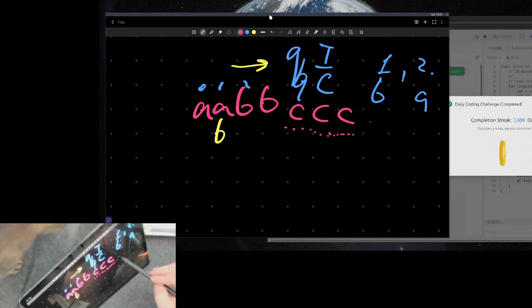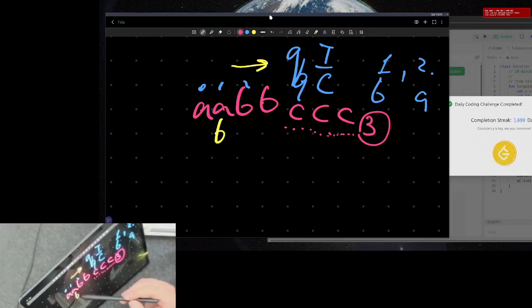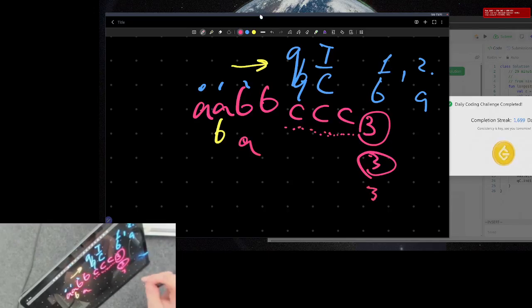For example, initially we have 3, and when we change A to B we still have 3, and then we change at position 2 B to A, and we still have 3 because this is C, it gives us 3.